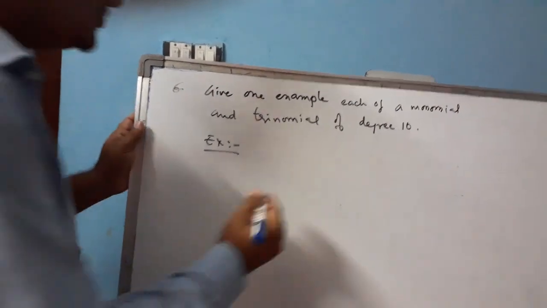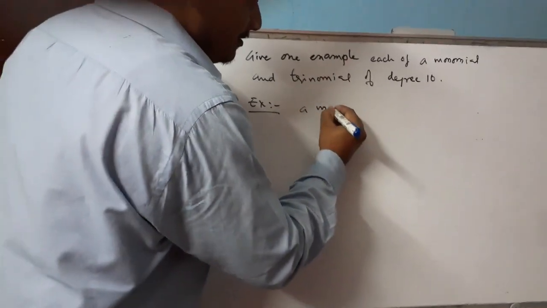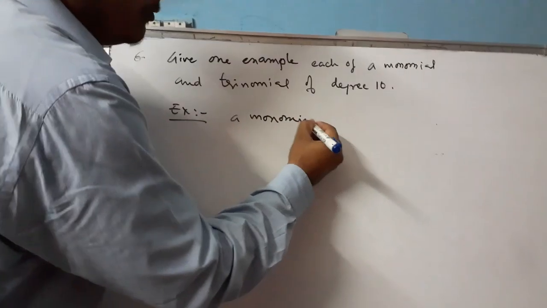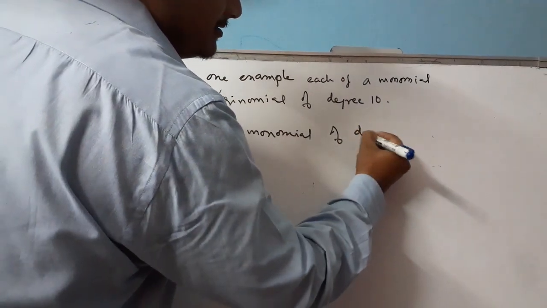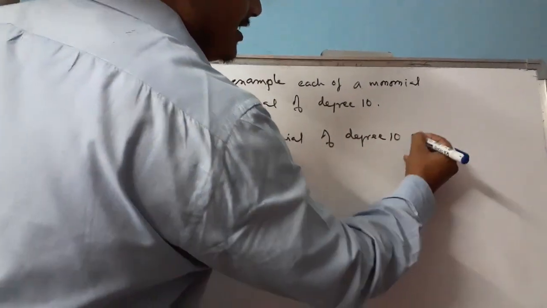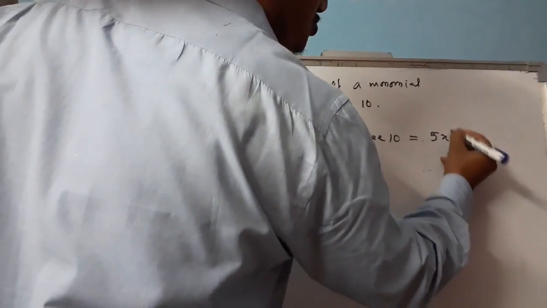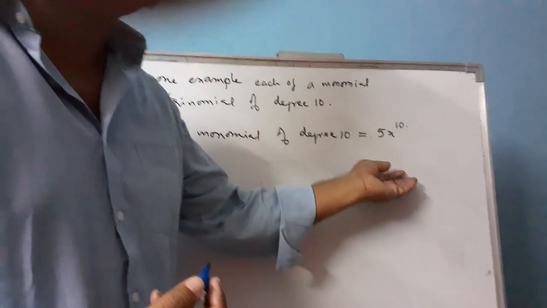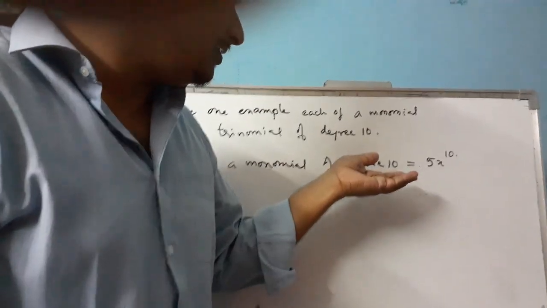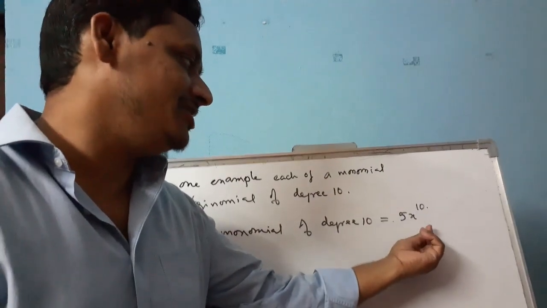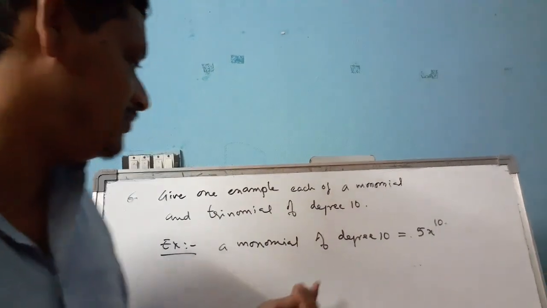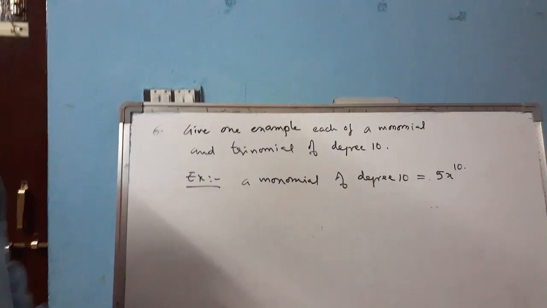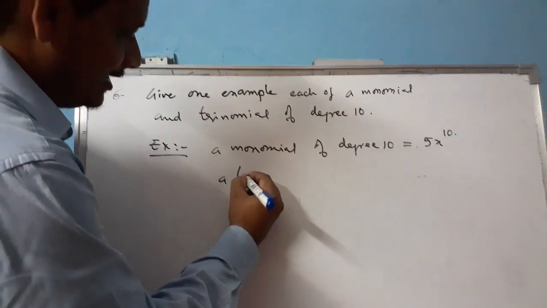So for example, a monomial of degree 10, it is nothing but 5x to the power of 10. Or we can take 10 into x to the power of 10. Whatever it is, the constant into x to the power of 10, that is an example for a monomial of degree 10.